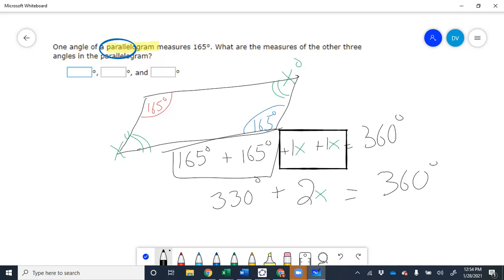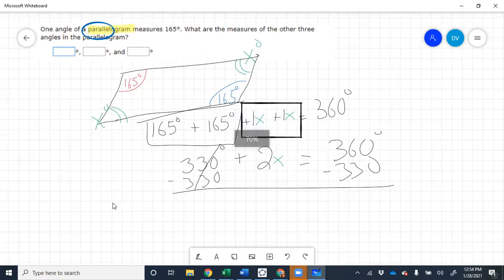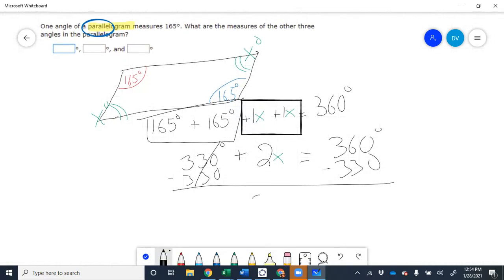So now to get the x, we want to subtract 330 from both sides. And that will give us 2x. And 360 minus 330, forgot the degree symbol, is 30 degrees.